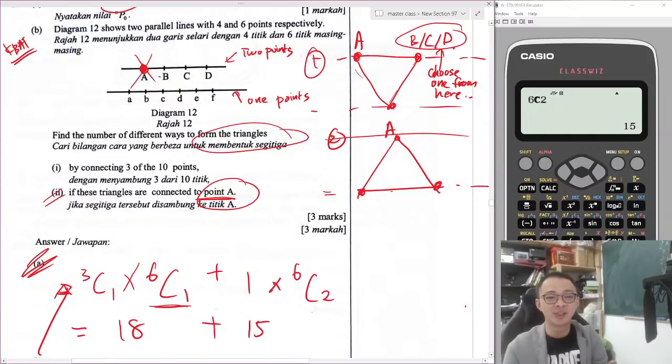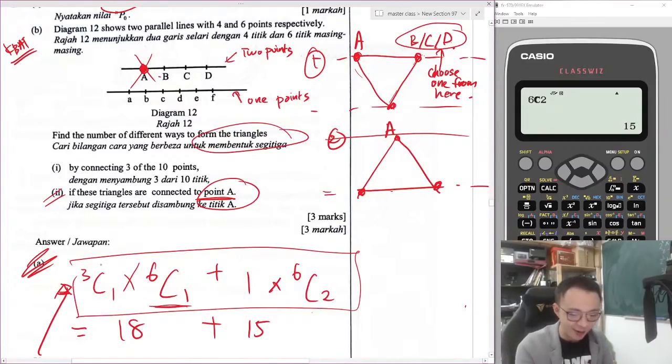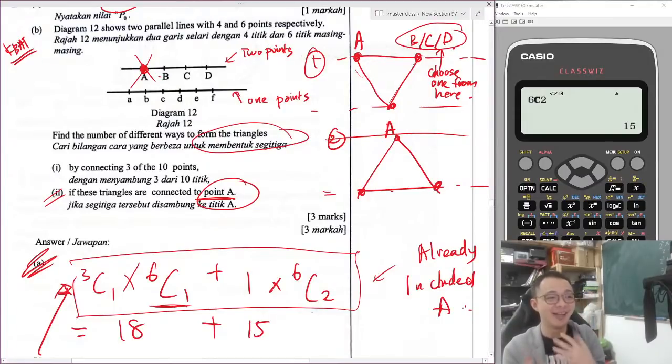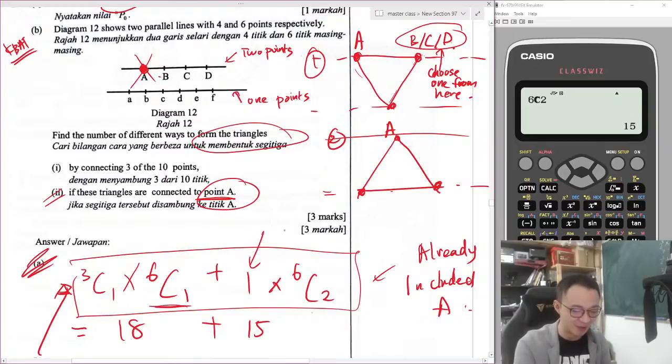So there is no need to include A in the combination. When I do it like this, I already included A. But normally we don't write the A. If you really want to write the A, this is how I write it, multiply 1. You can multiply a 1 here.